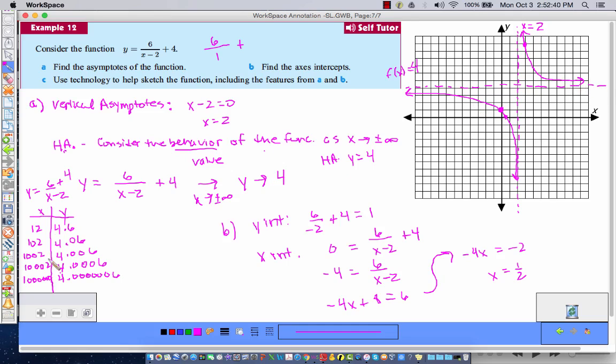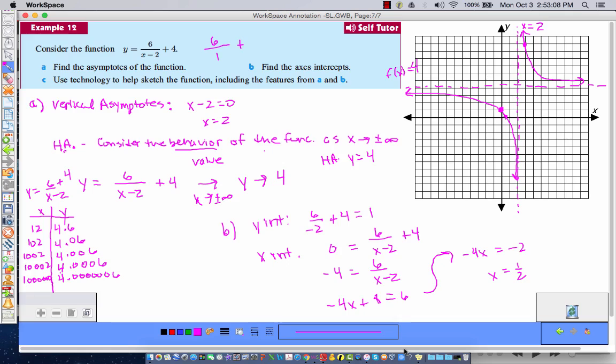You can see that here because it starts at 4.6 and then moves down, closer and closer from above. And if you think of negative values in here, the value of the function is going to get closer and closer to 4, like 3.9, 3.99999, closer and closer.